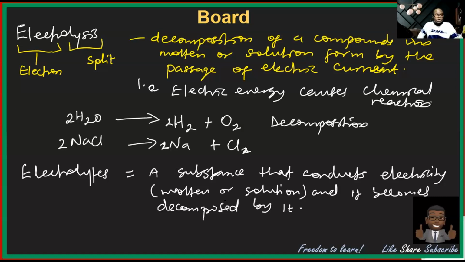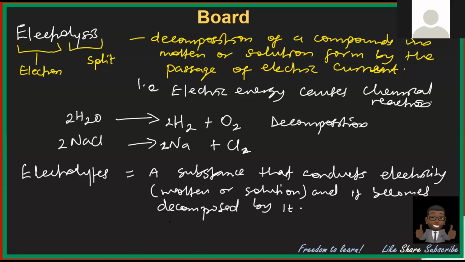Conductors allow passage of electricity, but they don't get decomposed by it, so that's why we call it a conductor. An electrolyte is different from a conductor, even though an electrolyte itself conducts electricity. In addition to conducting electricity, it becomes decomposed by the conduction of electricity. Do you understand that?